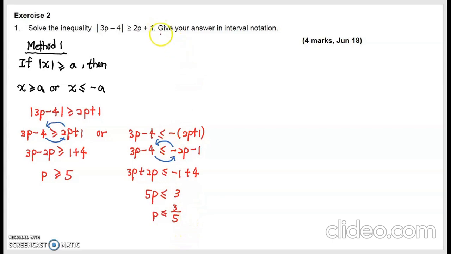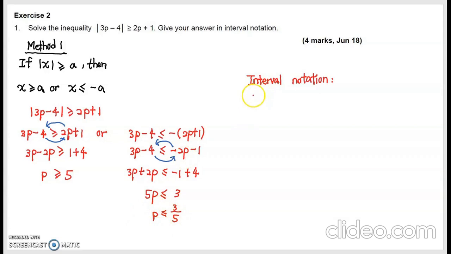The question requests us to give the answer in interval notation. For the first part, p is less than or equals to 3 over 5, so it's getting smaller and smaller until negative infinity.